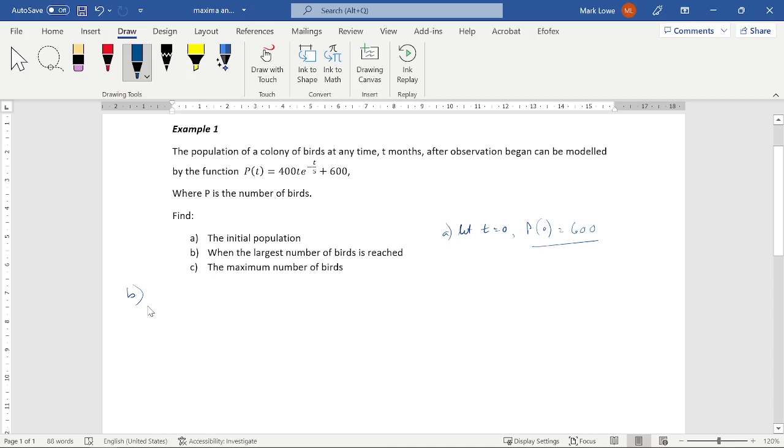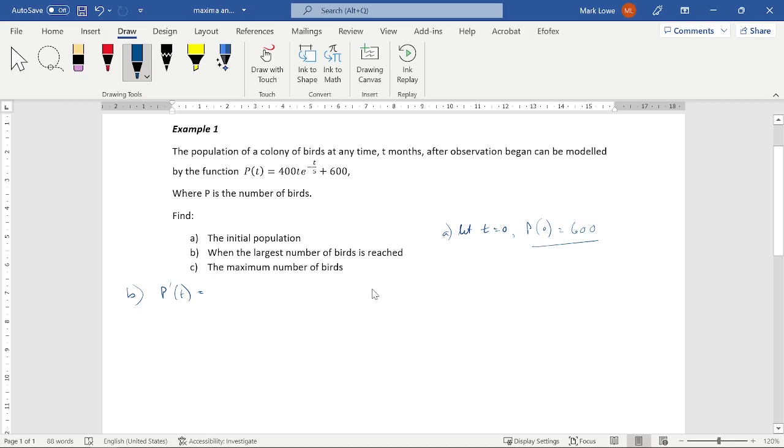So we think, maximum, that's a stationary point, and we want to find whereabouts the stationary points are. So we need to find P dash of t, and we would use the product rule in this case, because it's 400t times e to the negative t over 5.